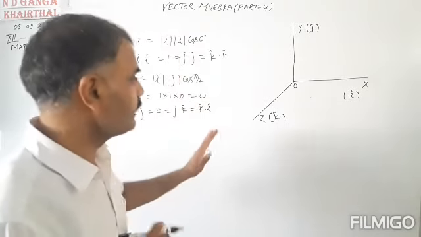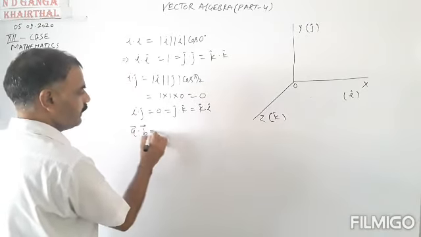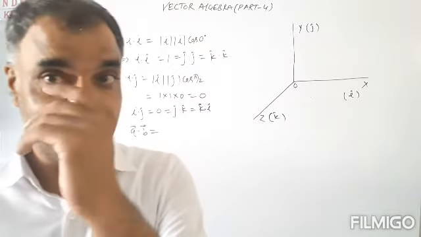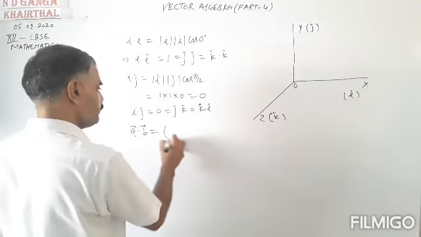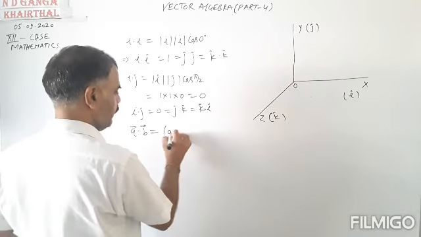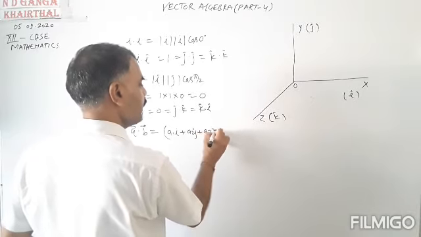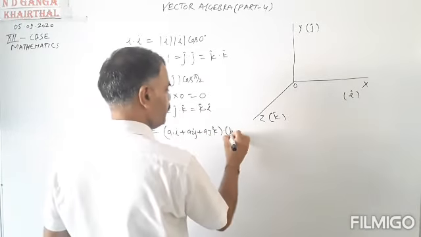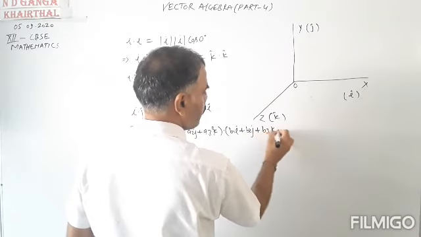For example, we are finding the dot product between a vector and b vector. Write down the a vector in component form: a1 i cap plus a2 j cap plus a3 k cap, and dot product with b vector, that is b1 i cap plus b2 j cap plus b3 k cap.